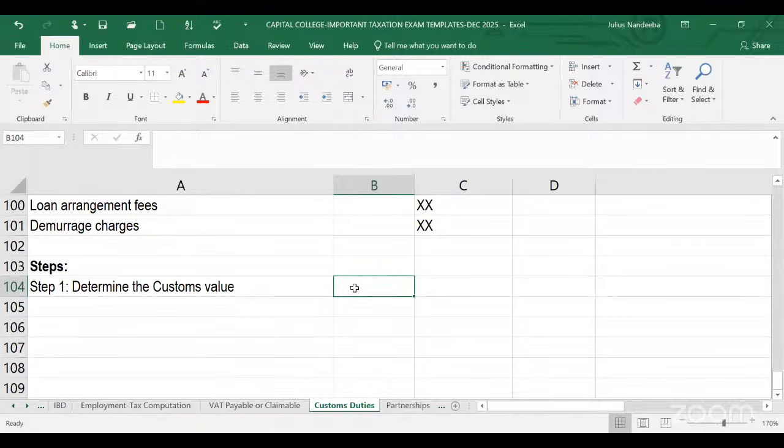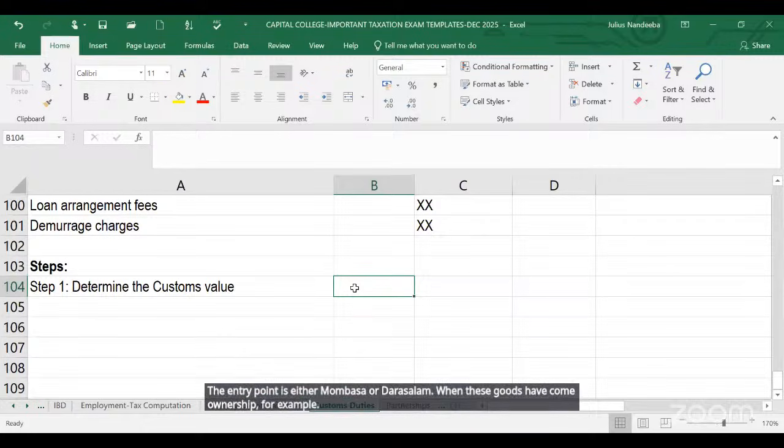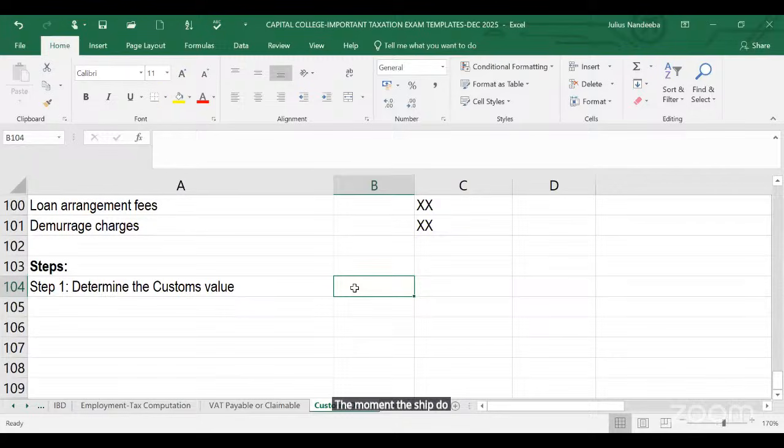I repeat, when goods have come by water, by rail, the entry point is either Mombasa or Dar es Salaam. When these goods have come on a ship, for example, the moment the ship docks at Mombasa, we stop counting the costs.